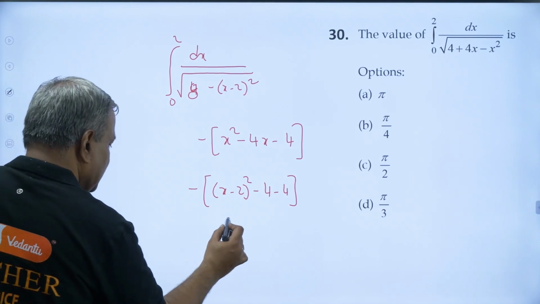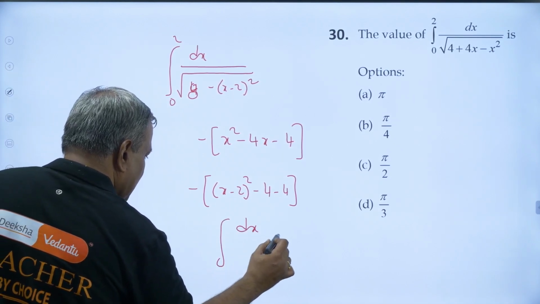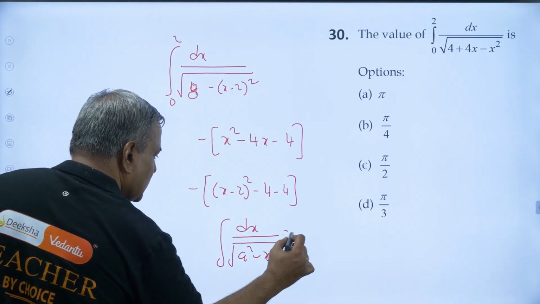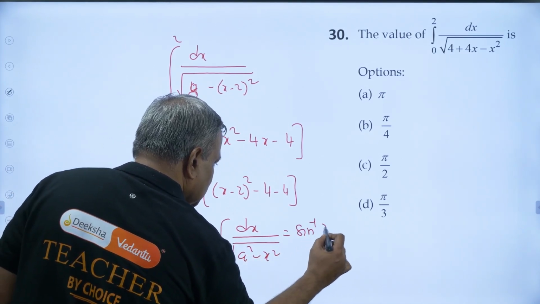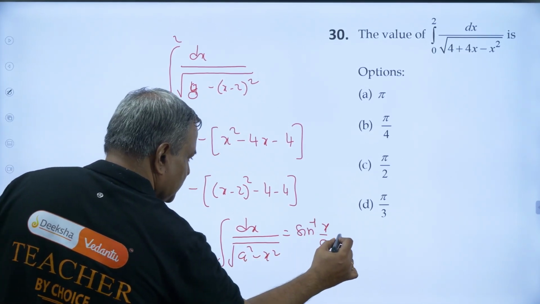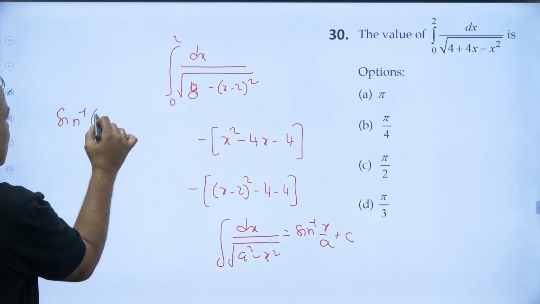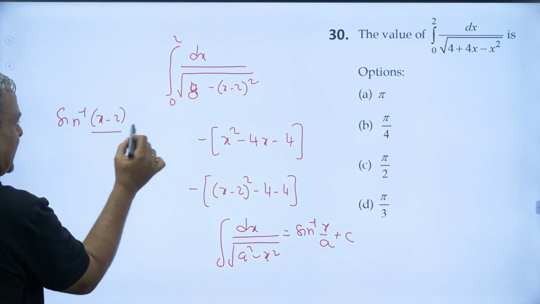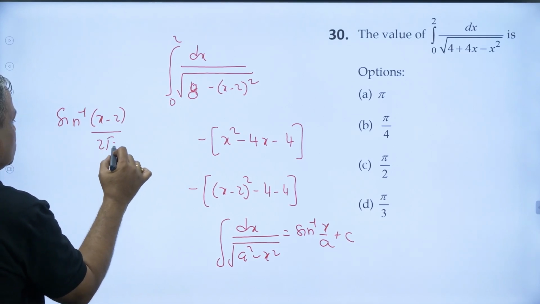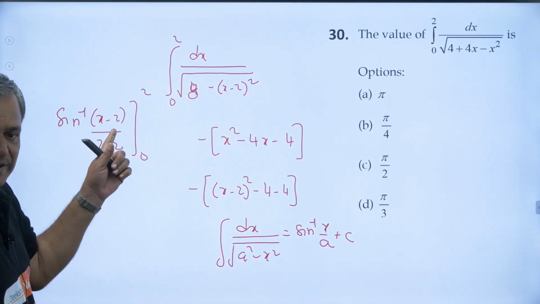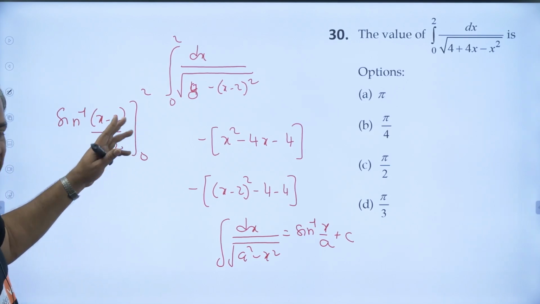So what formula do we have to use? Integral dx by under root of a square minus x square is equal to sine inverse x by a plus c. So we get sine inverse of x minus 2 by 2 root 2. Limits are from 0 to 2. If you put the upper limit, 2 minus 2 will give 0.